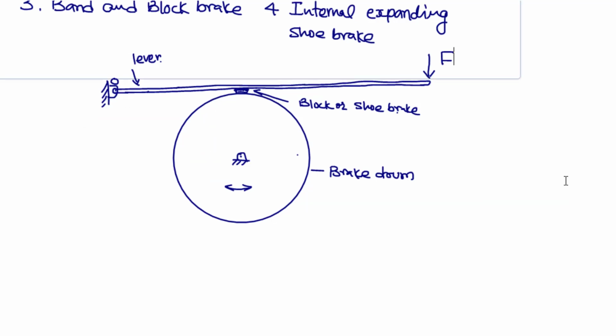Now if we draw the free body diagram, the reaction at the brake drum is R. The friction force acting on the brake drum due to the friction between block and drum depends on the direction of rotation.